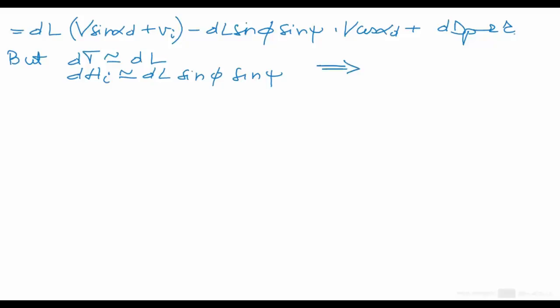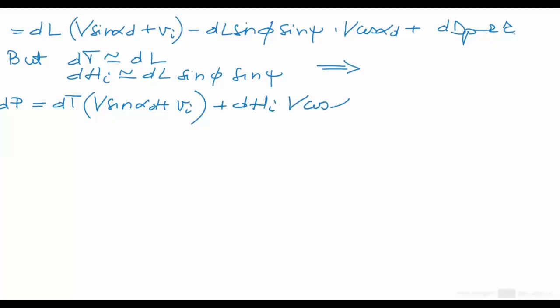It follows that dP equals dT, the thrust, multiplied by V sine of alpha disk plus vi, plus dH V cosine of alpha disk, plus dD multiplied again by omega r.